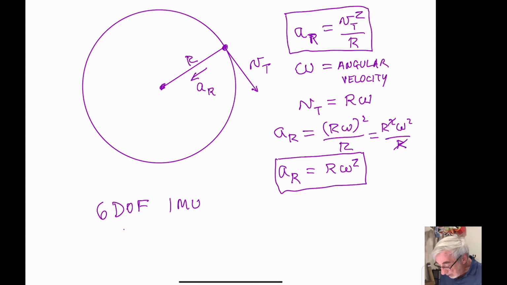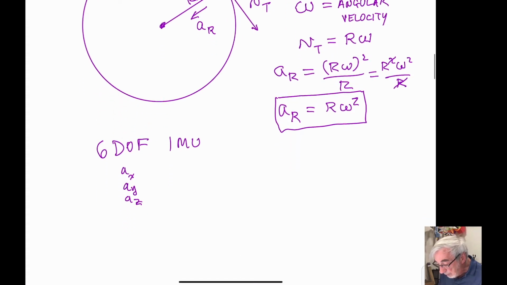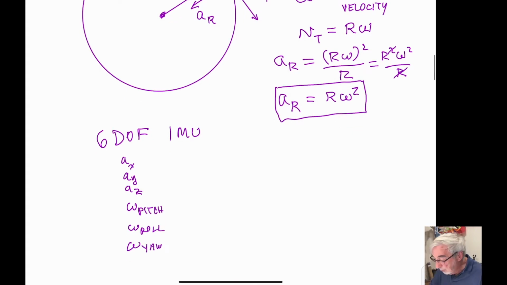So it has a x, a y, and a z, the 3 degrees of spatial acceleration, and it has omega pitch, omega roll, and omega yaw. We're going to measure this from the accelerometer and this from the gyro.